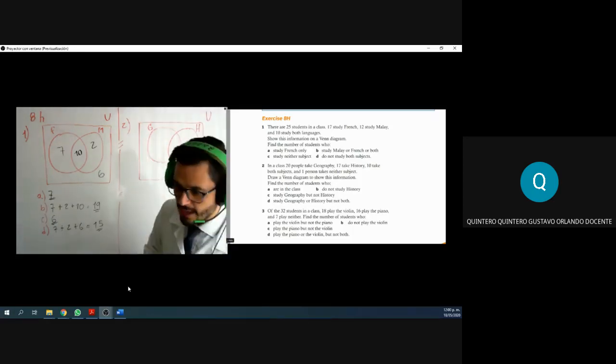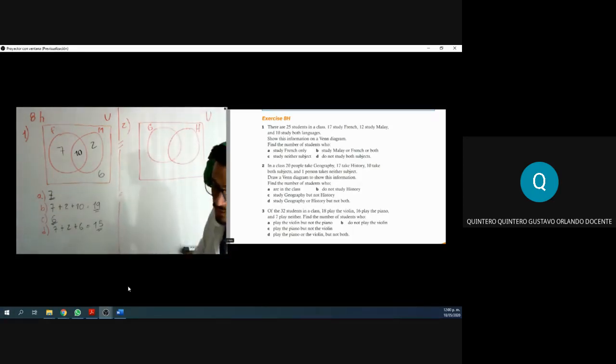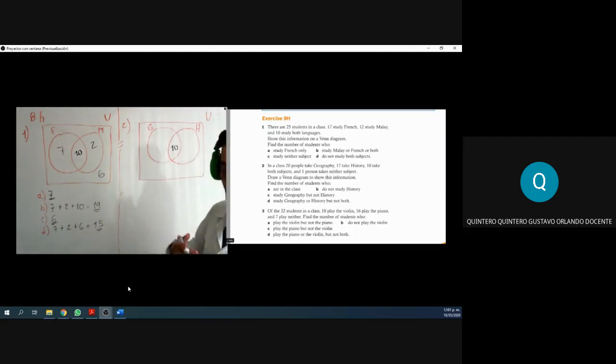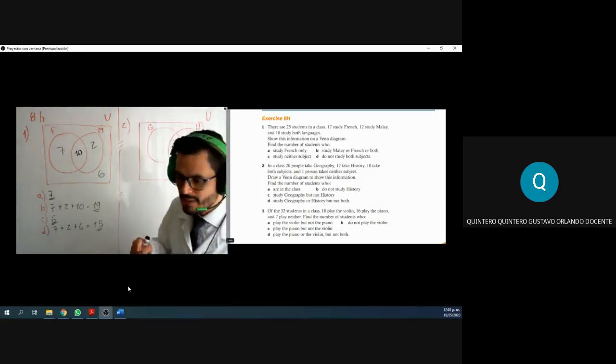So if I do that, and exercise 2 says that 10 people take both subjects, I know inside here we have 10 people. 10 people take both subjects, right? Now I can fill out the information outside. Again, 20 people take geography.